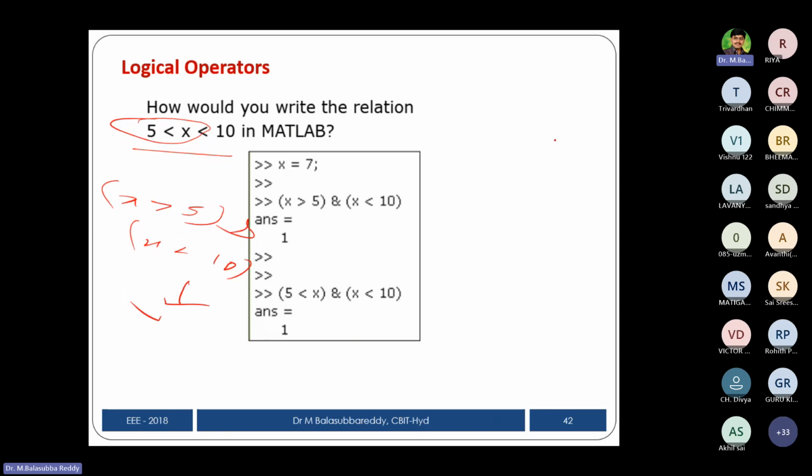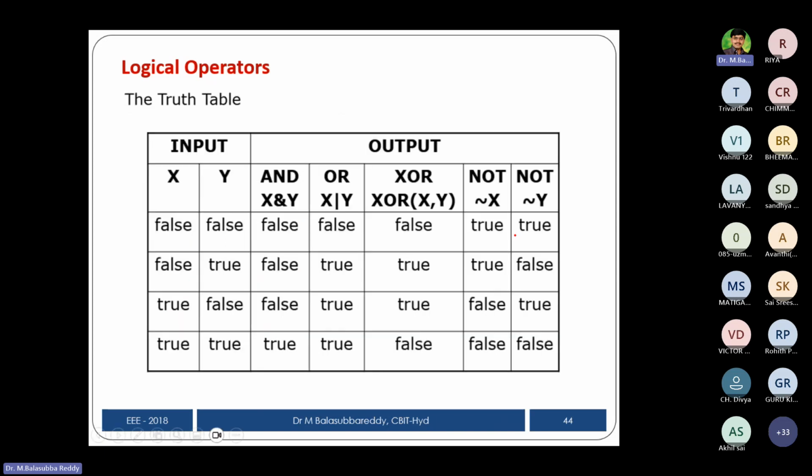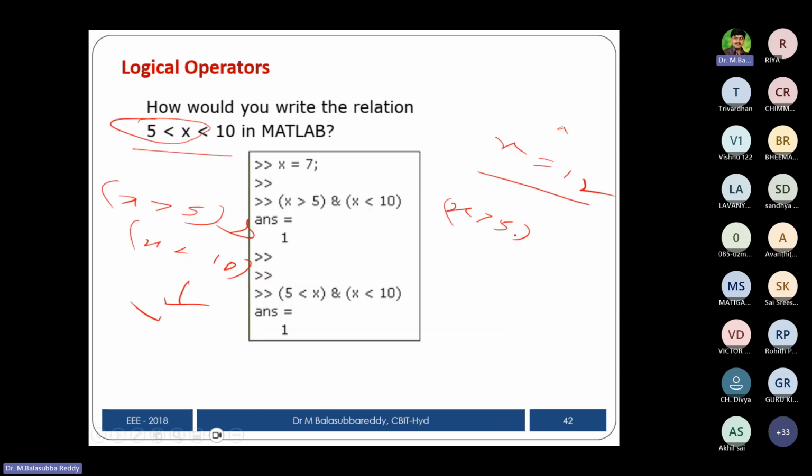So what is the otherwise case? Suppose x is 12. Our equation is written like this: x greater than 5, and symbol, and x less than 10.